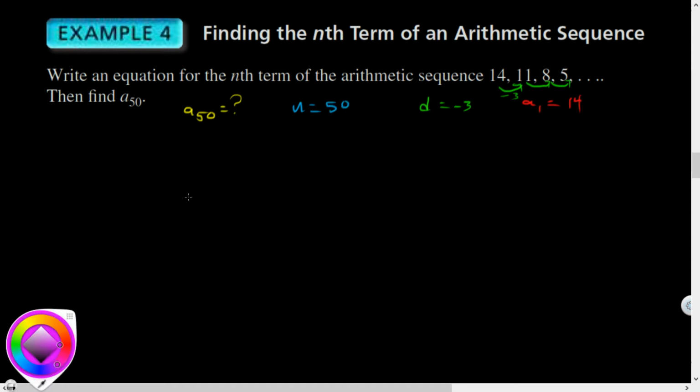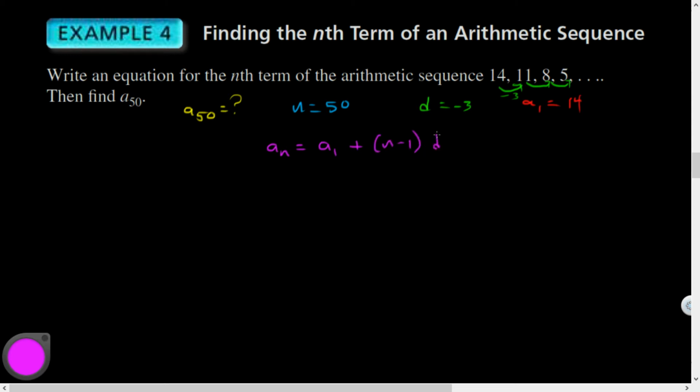All right, the formula that I'm plugging into is a sub n equals a sub 1 plus n minus 1 times d. So let's plug in what we know and find out what's remaining. a sub 50 I don't know, but that's what I'm looking for. The first term is 14, plus n is 50 minus 1.